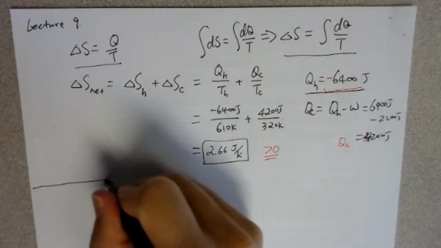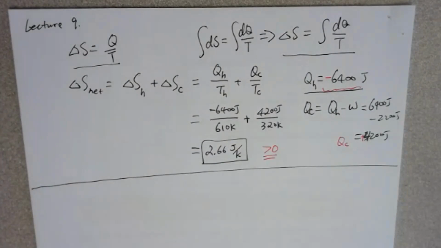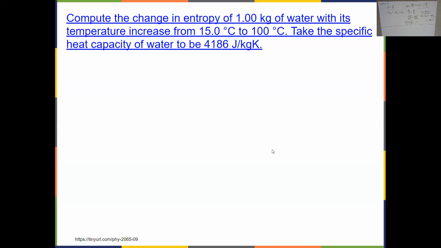Now back to the slides, and then we'll be looking at a second example. In this case it says compute the change in entropy of 1.00 kilogram of water with its temperature increasing from 15.0 degrees Celsius to 100 degrees Celsius.